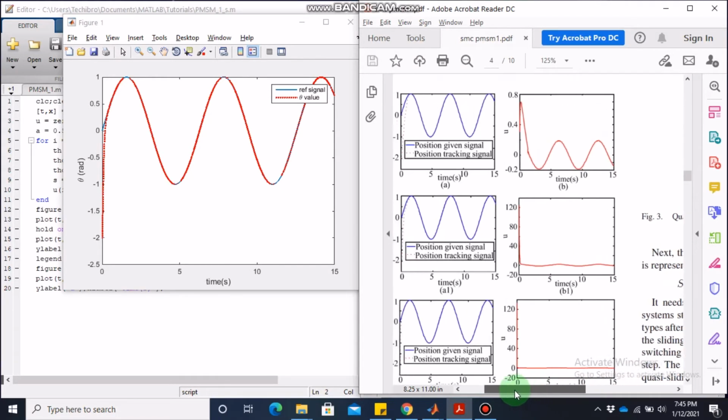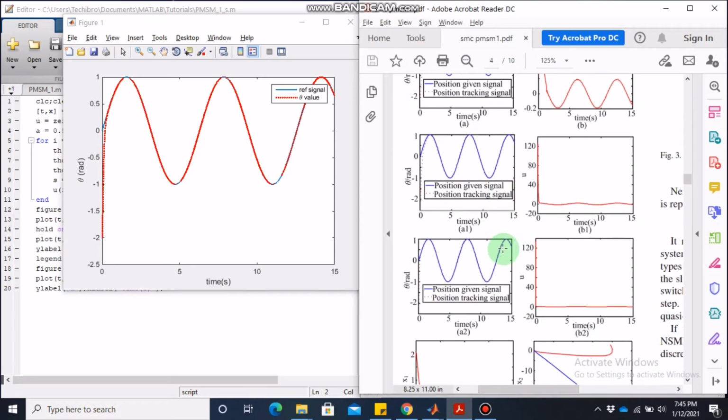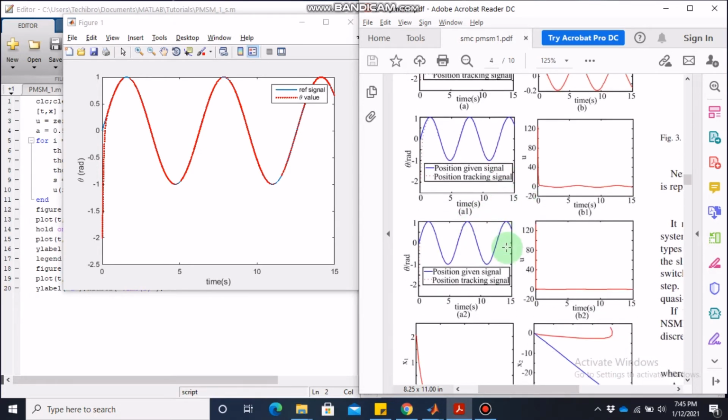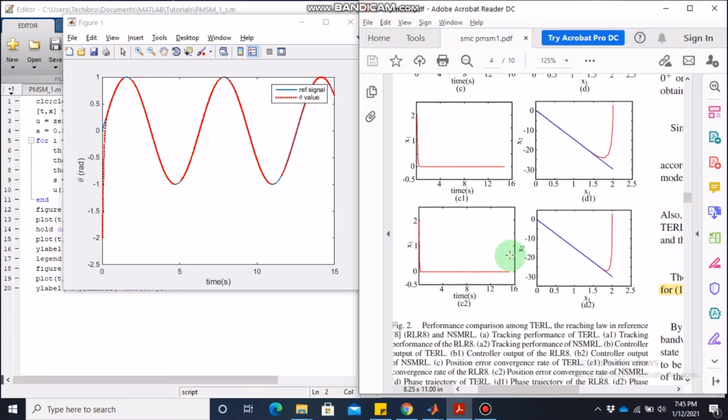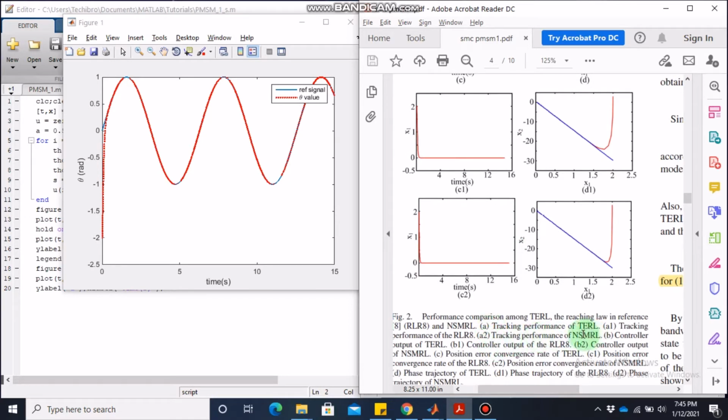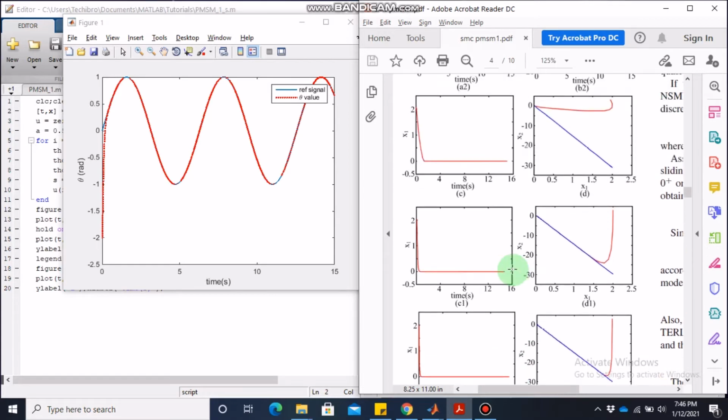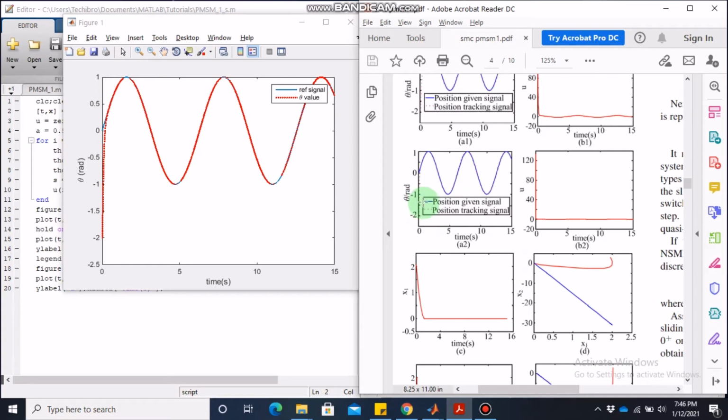I think these are the results, the equation A2 and B2. A is for TERL. We have used the new sliding mode reaching law, which is A2. So A2 and B2, that is where we should be looking. If you look at A2 and B2, this is the figure in the paper, and this is our result. It's quite similar.